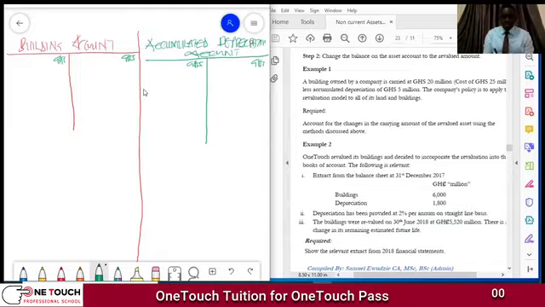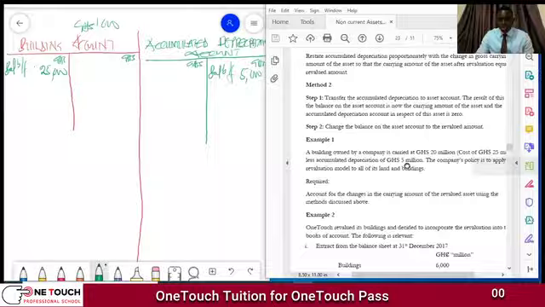Okay, good. So now, building value brought forward is 25 million. So I'm going to put 3 zeros on top. Accumulated depreciation is 5 million. Good. So you are saying that to determine the current value of the asset under method 2, you transfer the accumulated depreciation to the asset account.